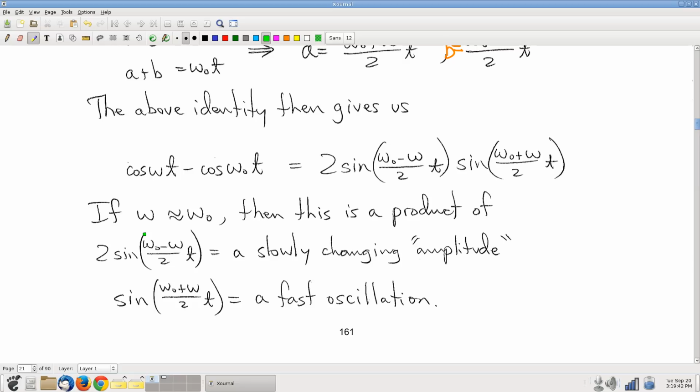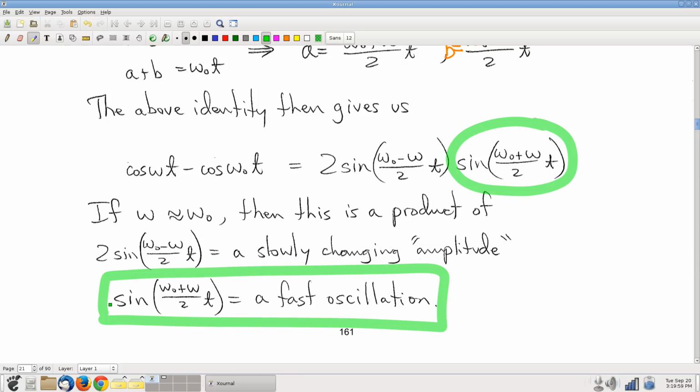So that being said, again, we can view this, not unlike what we did in the previous example, as roughly speaking a sine wave with a slowly changing amplitude. Here's the oscillation. If omega and omega naught are approximately the same, then this frequency here is approximately equal to both of those frequencies. So this is an oscillation.